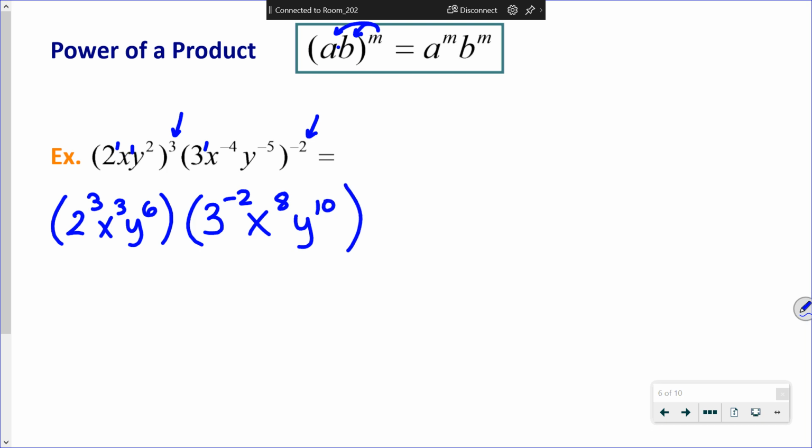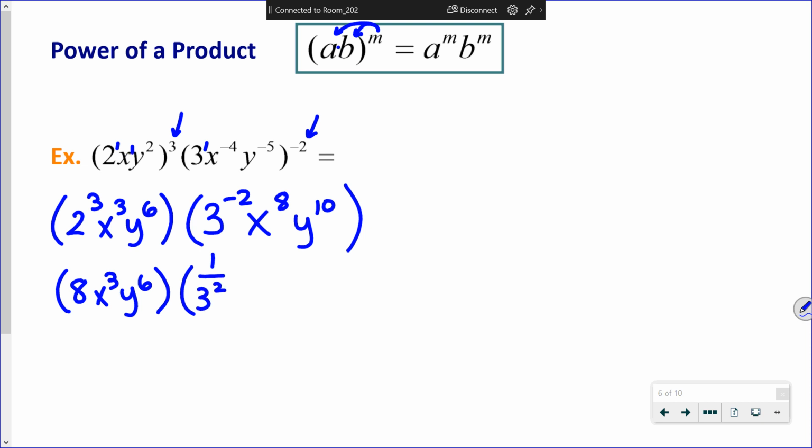Now I've dealt with the power of a product, and it's just a matter of simplifying using all the other rules I've learned. So first I'm going to simplify these numbers. 2 to the 3rd power is 2 times 2 times 2, which is 8, leaving those powers alone for now. Then I'm going to deal with this 3 to the negative 2nd power. I know that 3 to the negative 2nd power means 1 over 3 to the 2nd.